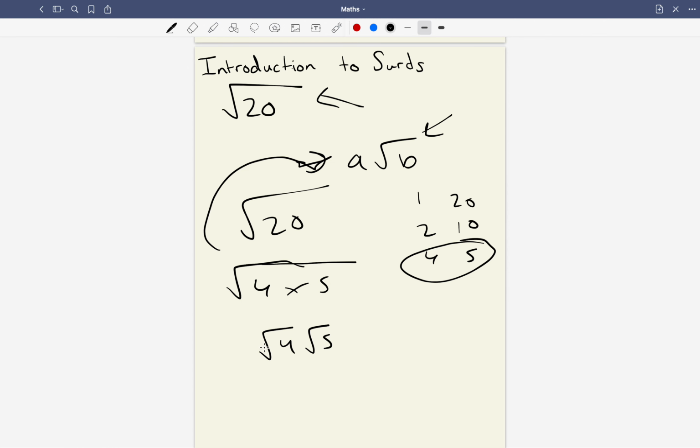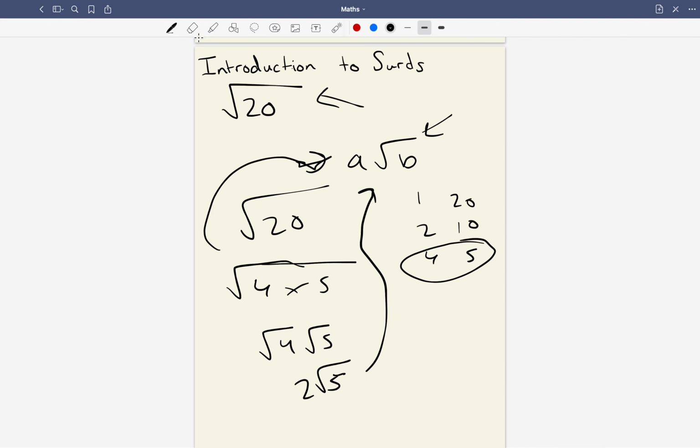And now you can do the root 4, which is 2 root 5, and that's root 20 in its simplified surd form. Well, we've got it now in the form a times root b. So we know that's now in its most simplified surd form, because this 5 obviously can't be simplified any further because it's a prime number.